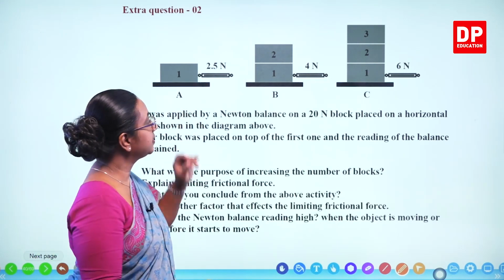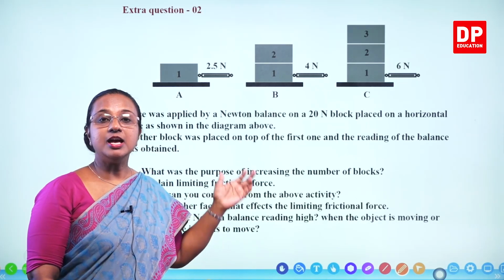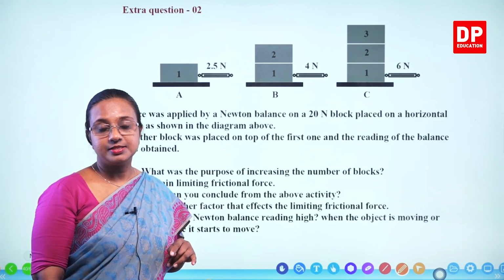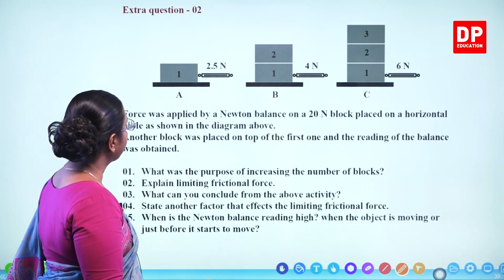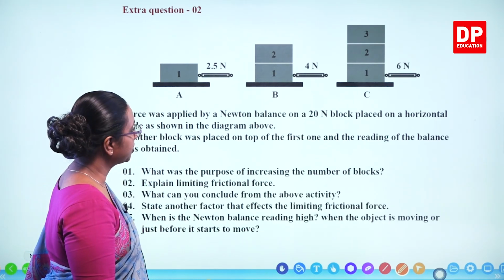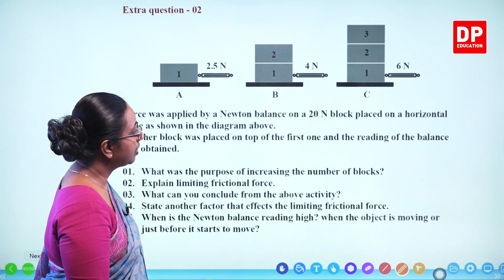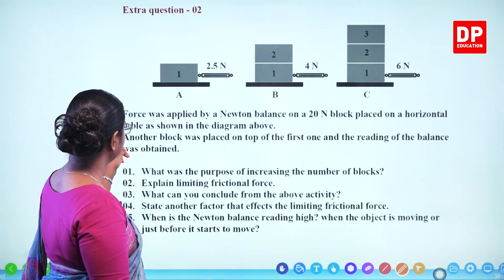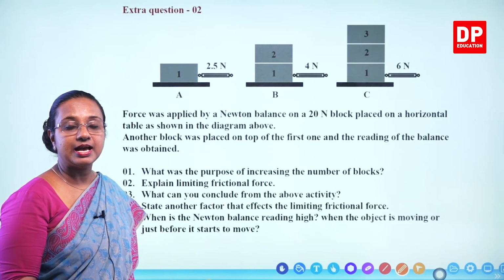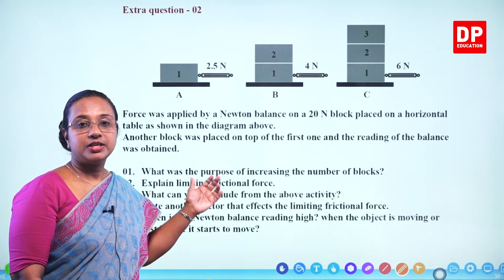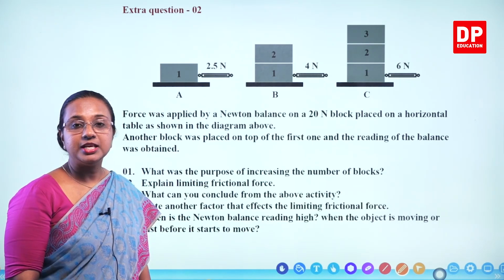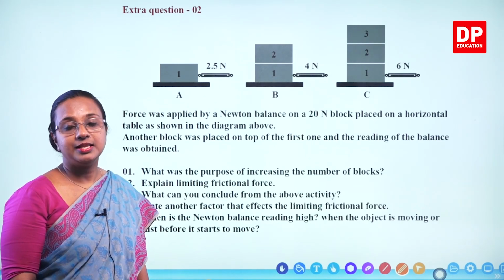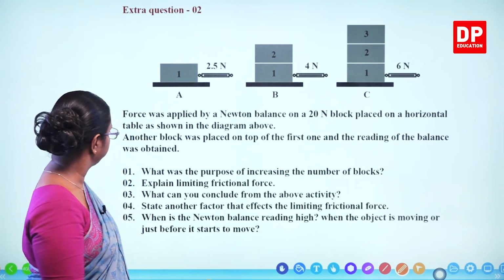So from the picture you can identify what activity is being given to you. Force was applied by a Newton balance on a 20 Newton block placed on a horizontal table as shown in the diagram above. So here this is to test the effect of perpendicular reaction on limiting frictional force.